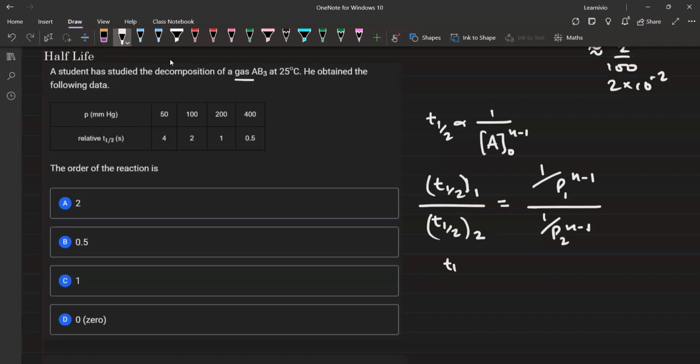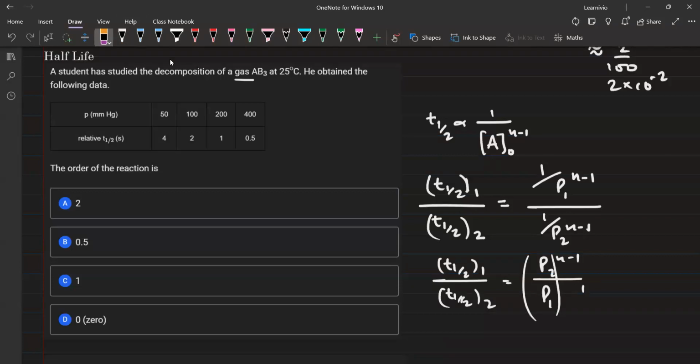This will be equal to T half of first divided by T half of second. It is equal to P2 n minus 1 divided by P1 n minus 1. Now since the powers are same, I can do it like this. P2 upon P1 whole to the power n minus 1.